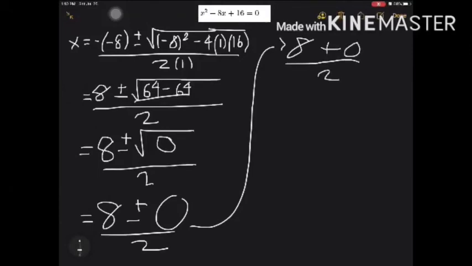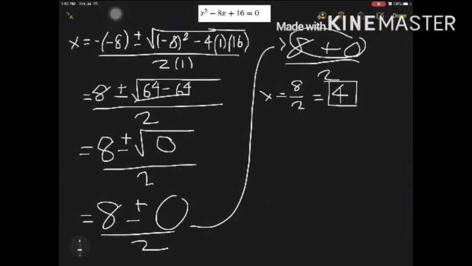Then our first x is equal to 8 plus 0 over 2, which is 8 over 2. Simplify, 4. It's our first x.